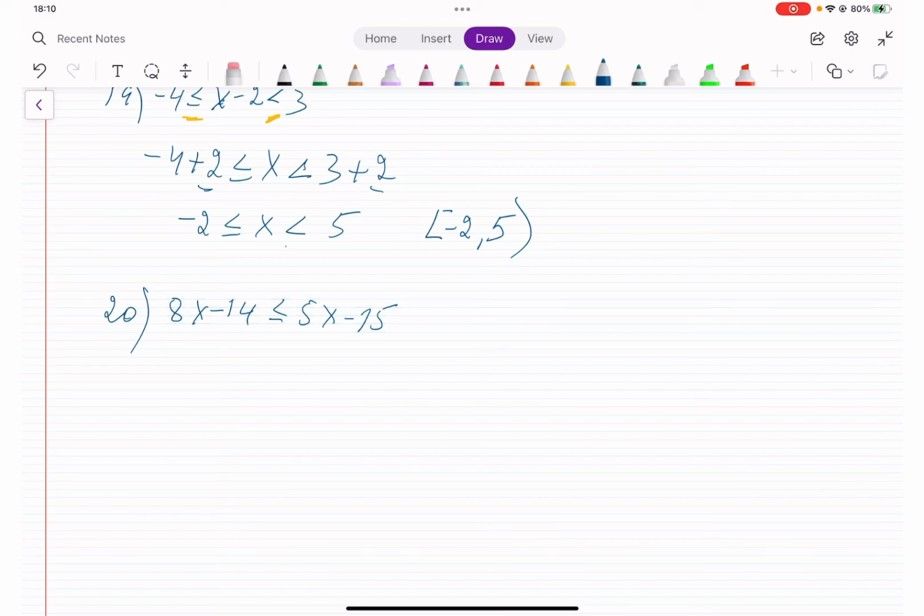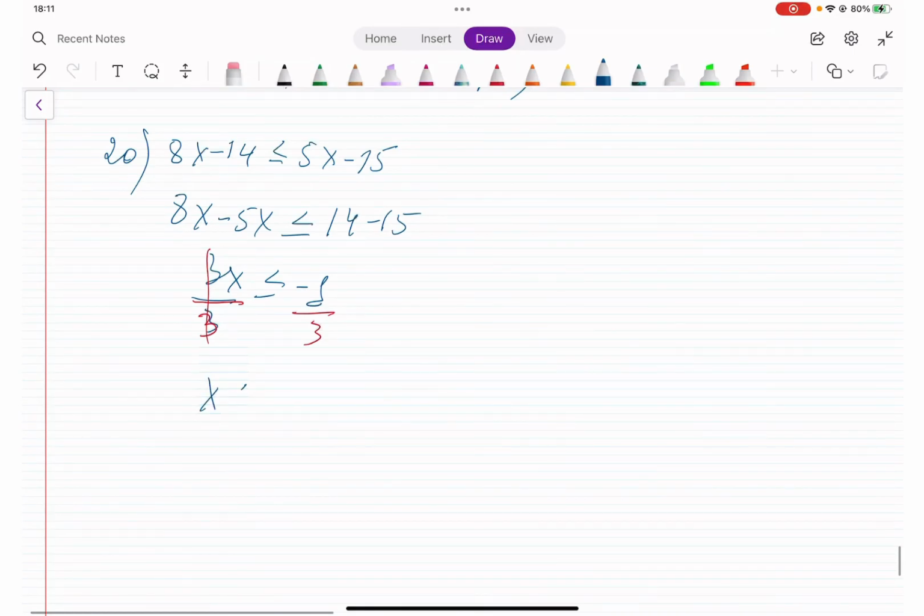Okay, I'm going to collect all x's on one side, minus 5x, and the variable-free terms on the other side, and I'm getting 3x less than or equal to negative 1. And we divide by 3 here. This is gone. And we have x less than or equal to negative 1/3.